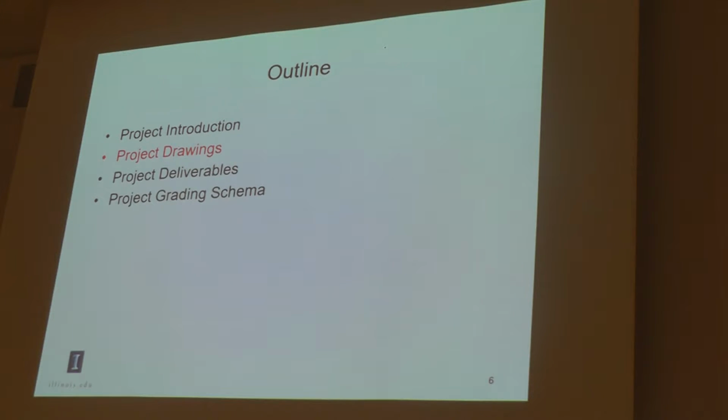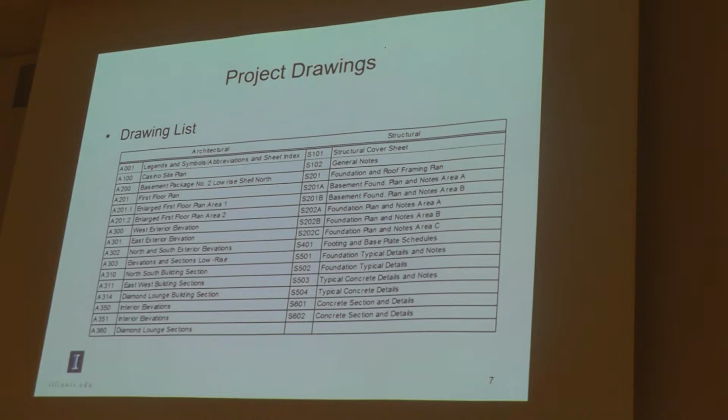In the next section, I will show you a list of drawings which are necessary and helpful to help you to do the project. So for this page A001, there are some legends, symbols, and abbreviations. You will need to understand what each symbol stands for. And on this page, we're showing the north-south building section.